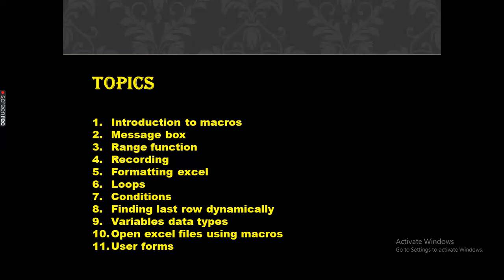To automate Excel or IE or browser, we use RPA tools like Automation Anywhere, UiPath, Blue Prism, Microsoft Power Automate, and so on. These are the different tools available in the market.